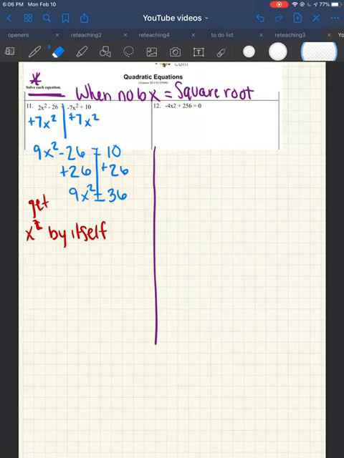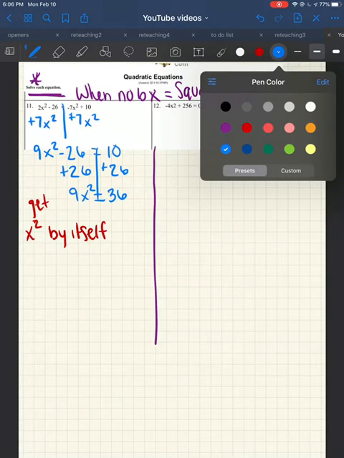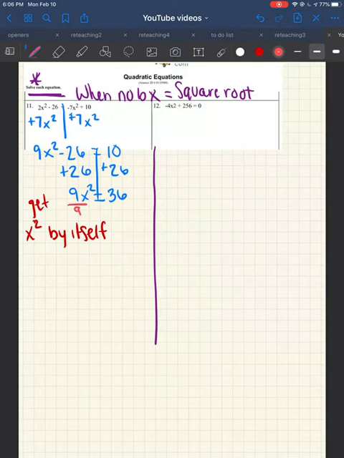I'll fix this here. Okay, so I'm going to divide by 9. Bring this down here. I'll get x squared equals 4. 36 divided by 9 is 4.